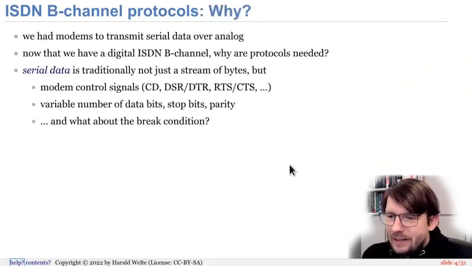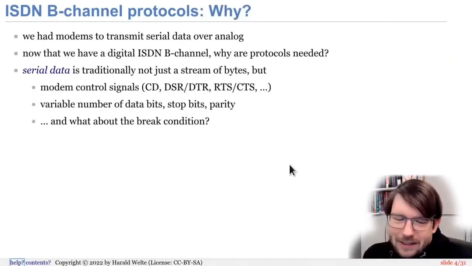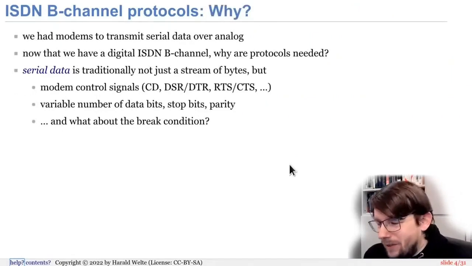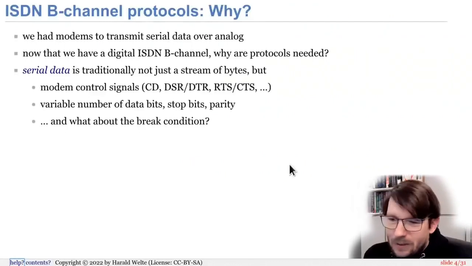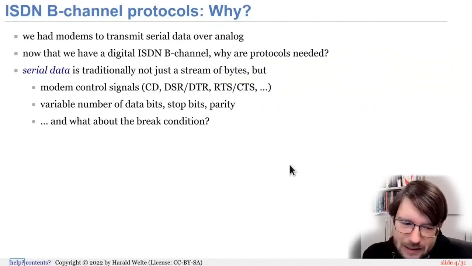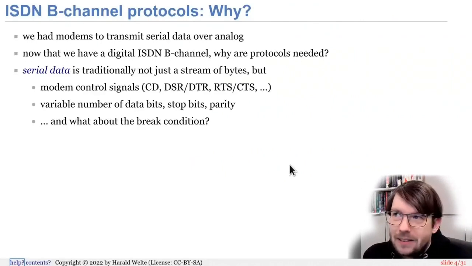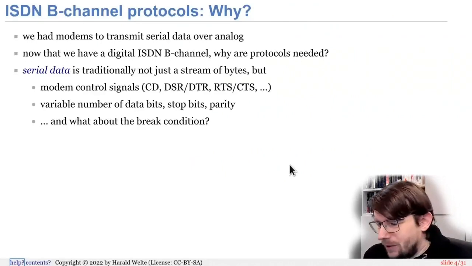Now, for ISDN B-channel protocols, why do they exist at all? For voice calls, it's just a bit stream, as we know, and it contains samples of audio data. So there is no protocol. And for data applications, why do we need specific protocols?